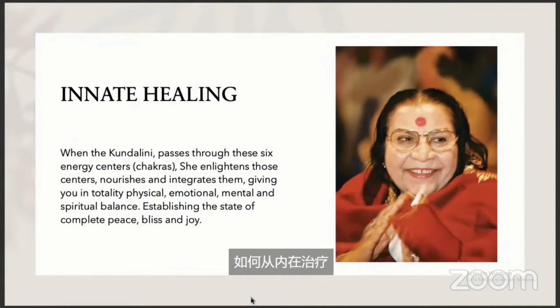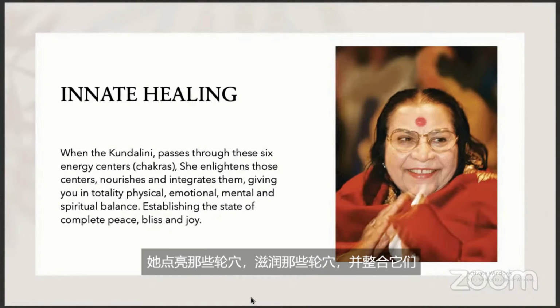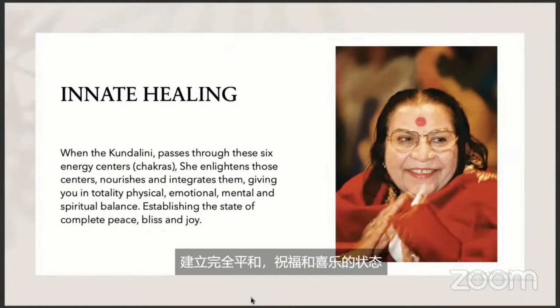So the innate healing. How can we have the innate healing? It is when the Kundalini passes through the six energy centers, chakras, she enlightens those centers, nourishes and integrates them, giving you in totality physical, emotional, mental and spiritual balance, establishing the state of complete peace and joy.